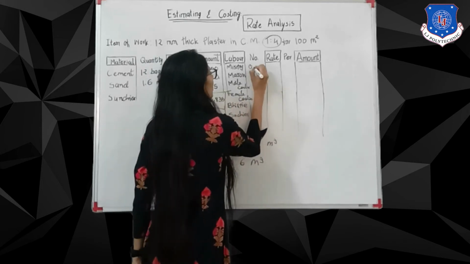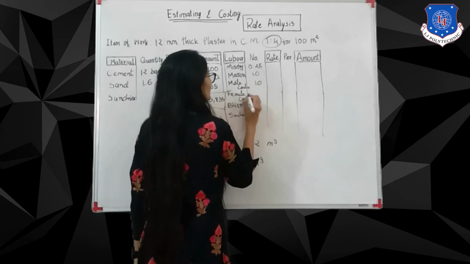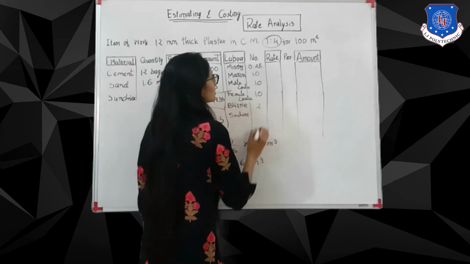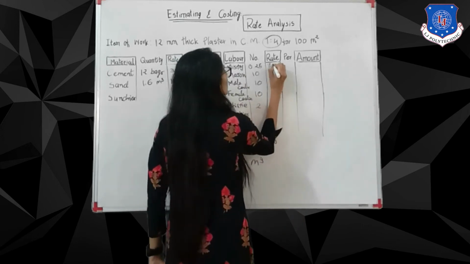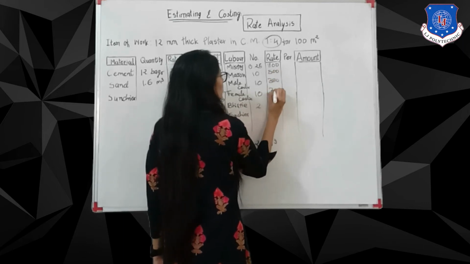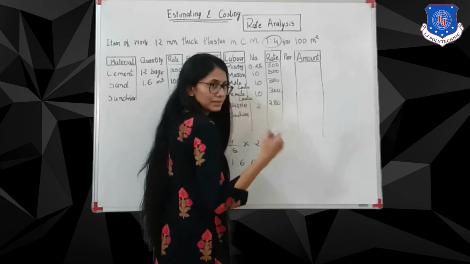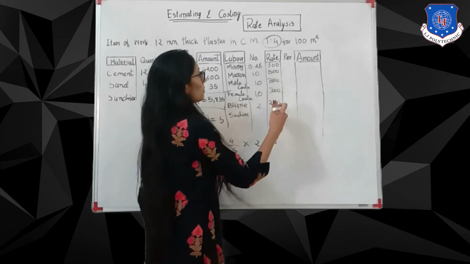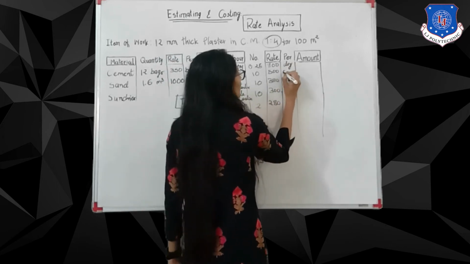Mistri will require 0.25, 10 number of masons, 10 number of coolies, 2 number of bishtis. Now I am adding the rates of labors. We already had the rates of labors in our previous session. So we are paying this amount for particular labors per day. So I am adding this unit here.